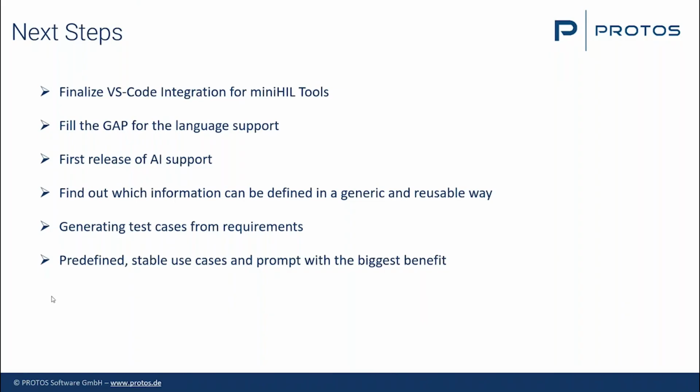So, of course, if you have a requirement like as fast as possible, it's impossible to generate a test case from it. So the requirements also need to be very specific in order to generate test cases from them, but it works in some cases really well. And we want some predefined stable use cases and prompts with the biggest benefits for you.